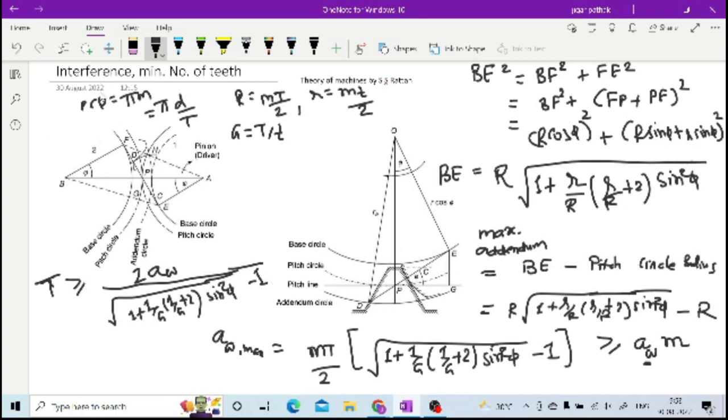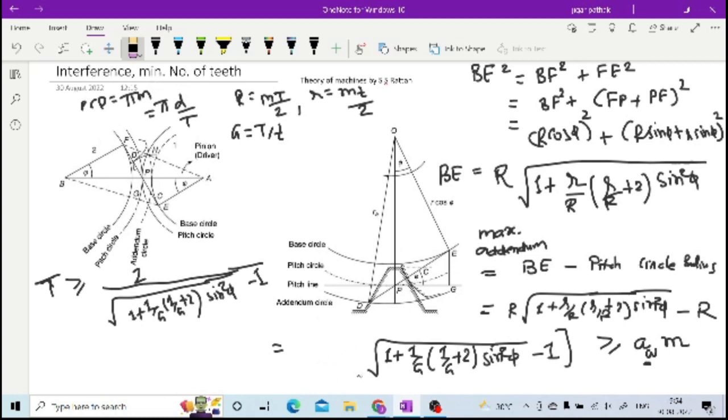If you go for the pinion, for the pinion also you will have the same calculations, and what you will find for your pinion is the A_P max, right?